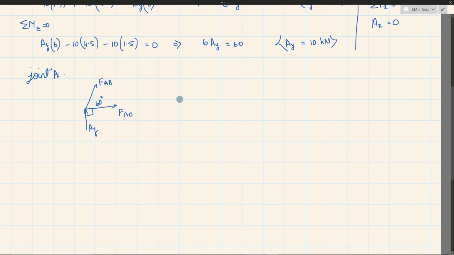The forces have to originate from the same point, so this would be FAB, this would be FAD and this will be AY. So this is 30 degree, this is 60 degree and this would be 270 degree.